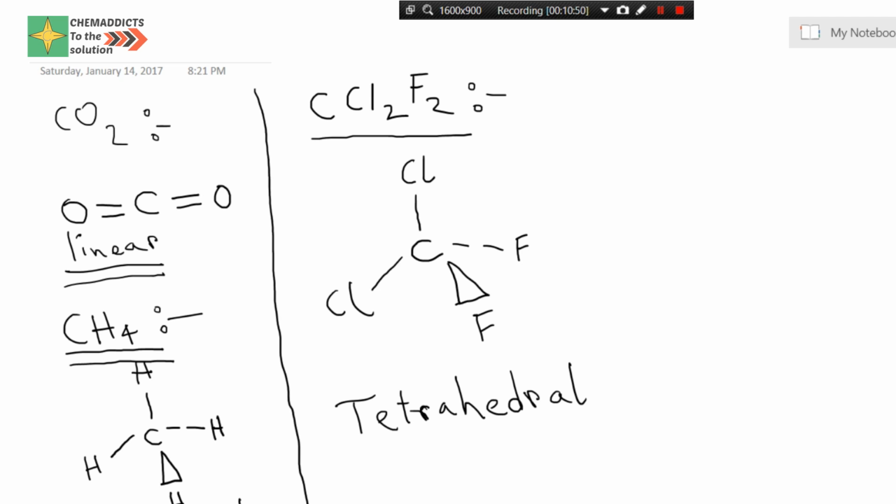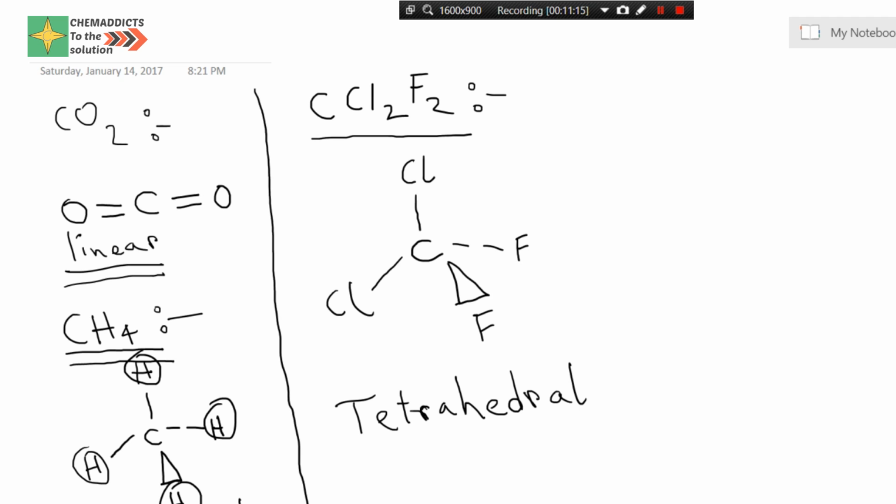All the atoms attached to carbon are hydrogen: hydrogen, hydrogen, H, hydrogen, hydrogen. So that's the difference.